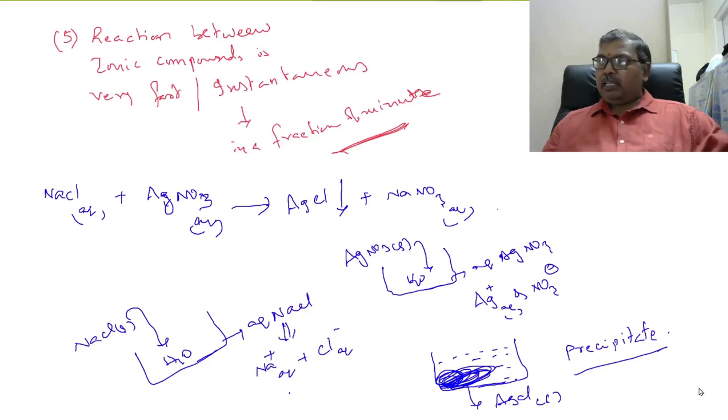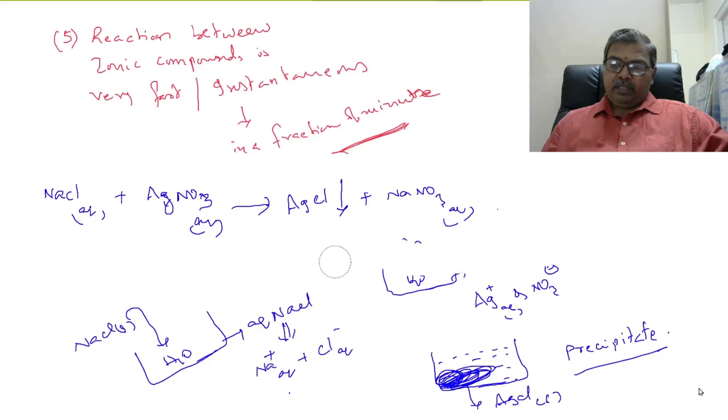So what is a precipitate? It is nothing but a solid substance formed when two solutions are mixed together, right? Here AgCl is precipitated and NaNO3 is present in the solution.